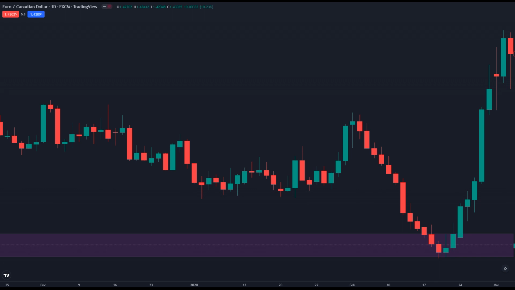So we're in Euro Canadian dollar in the 1-day chart now. I've already drawn in a support and resistance level, but I zoomed in a little bit in order to see the candles a little better. When the price is approaching the resistance level, the candles are getting smaller and smaller.